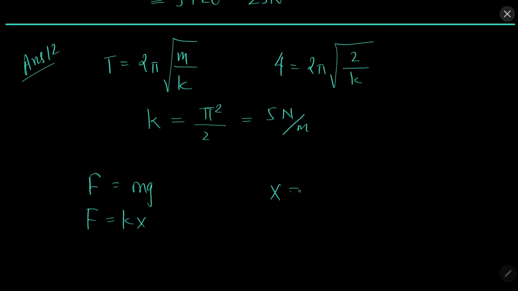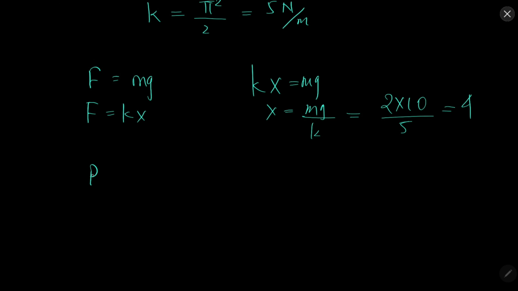So because of this, kx equal to mg, x equal to mg over k, 2 into 10 over 5, which will give us 4. Now potential energy is half kx square. So half into 5 into 4 square, which means 40 joules.